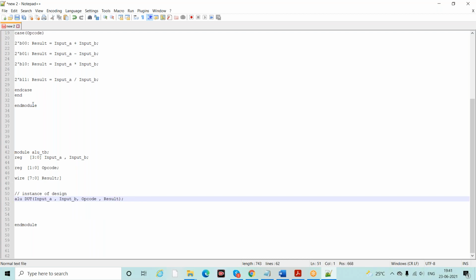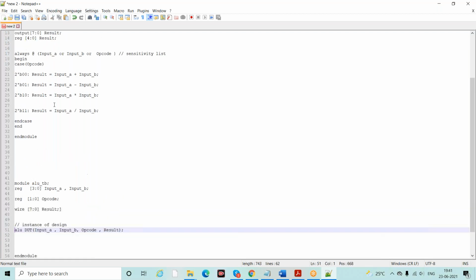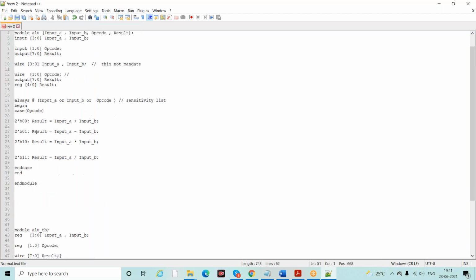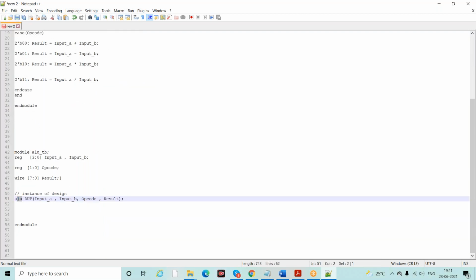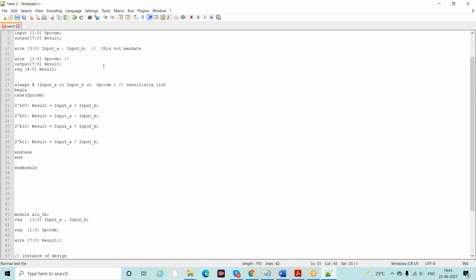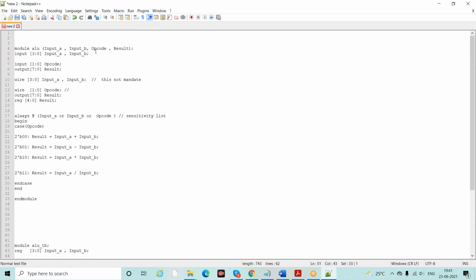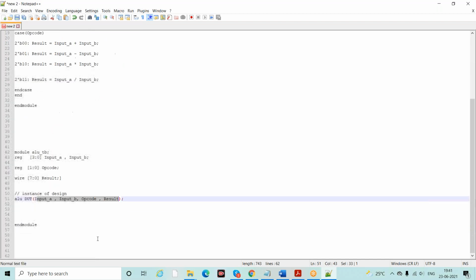So how is this followed? We need to get the instance of that. Instance means the name of the module, followed by the design, that means the name of the instance. Then this is the position. See here, three inputs followed by output.